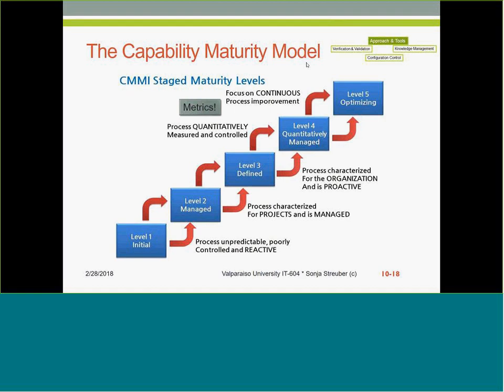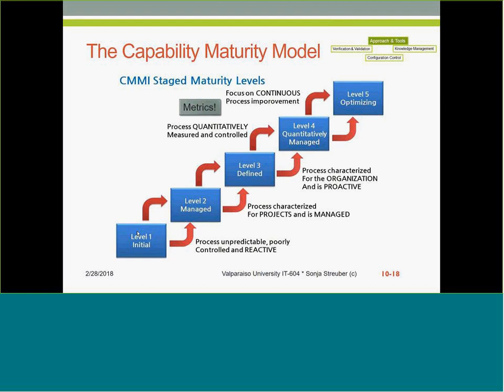The capability maturity model is a stepwise model in 5 levels. It's at level 1, which is called initial. It might as well be called chaos, because this level is a completely reactive state. Nothing is planned, nothing documented, nothing is being measured, etc., right?